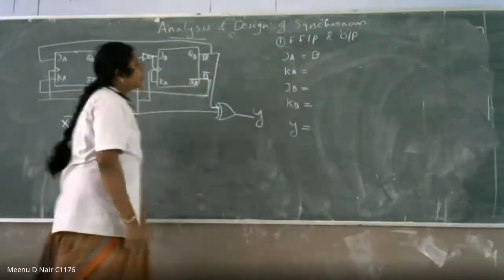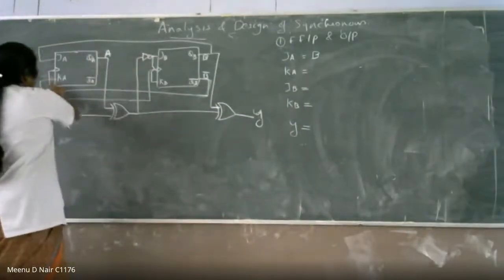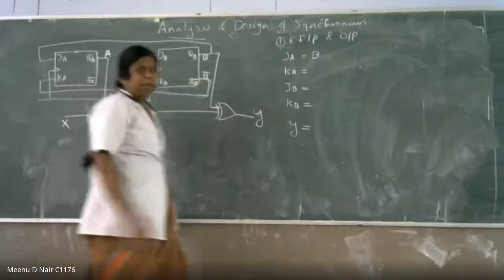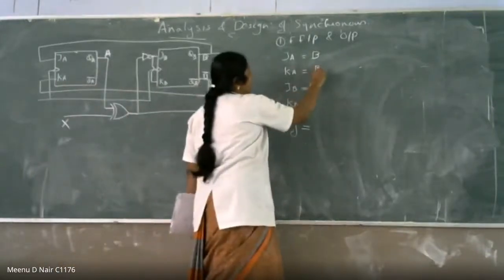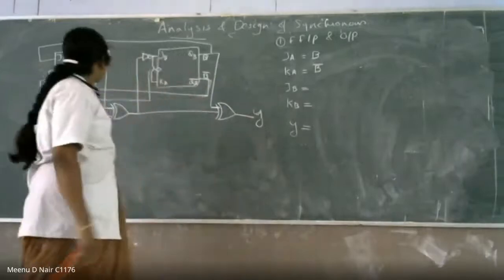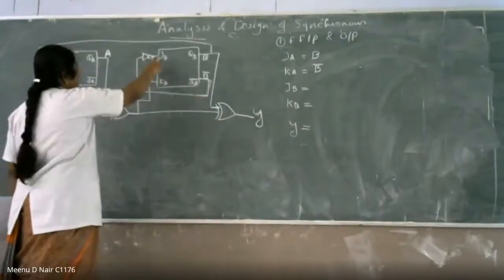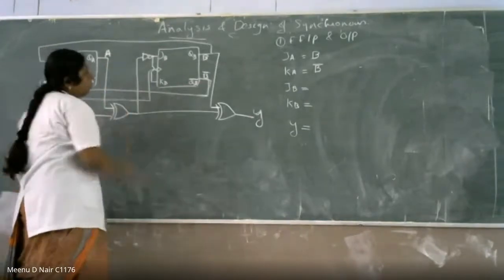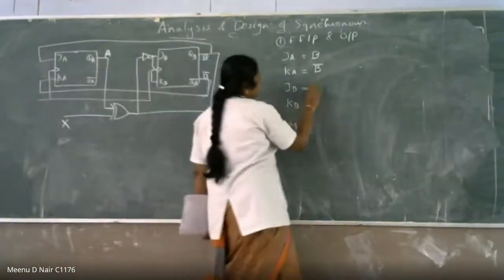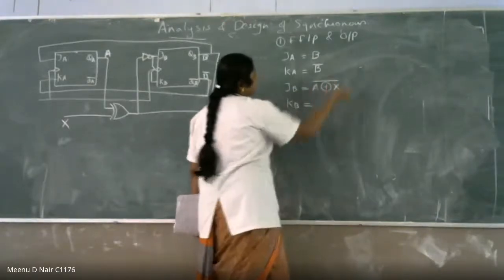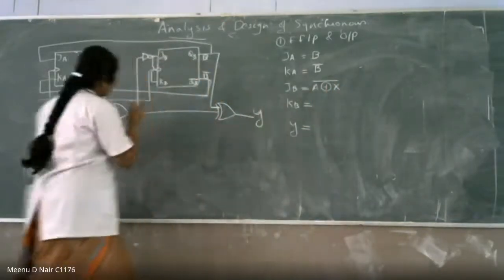Okay. Then what about KA? KA is connected to QB bar. QB bar is taken as B bar. So you can put it as B bar. Right. Then what about JB? JB is A XOR X whole bar. This is the XOR gate.